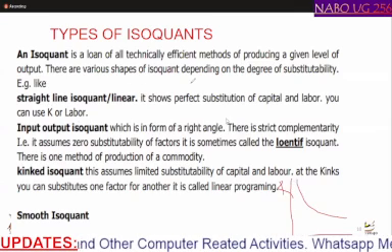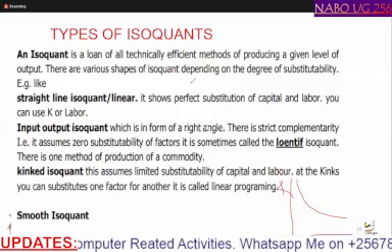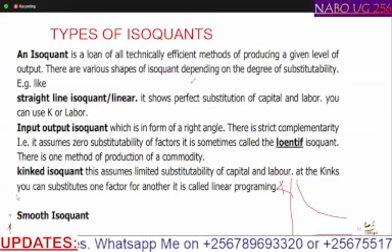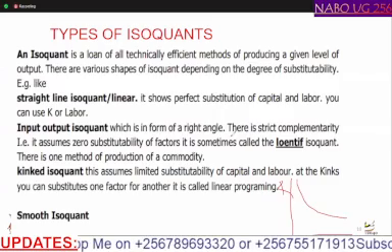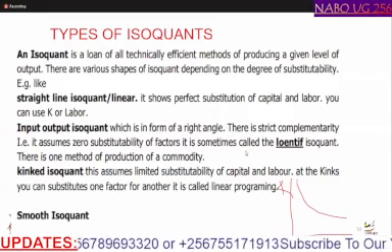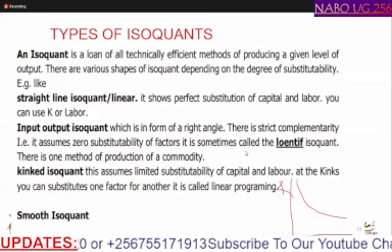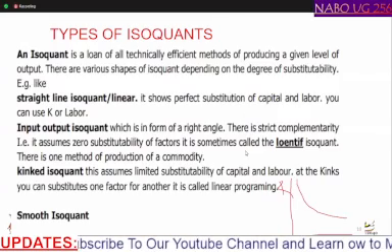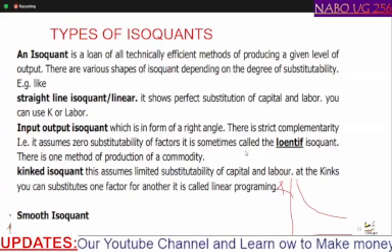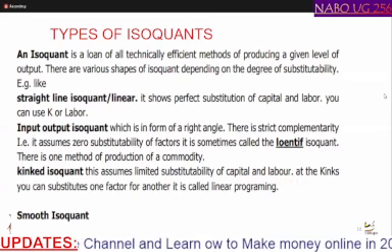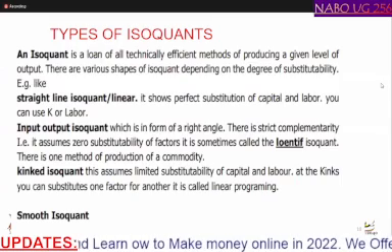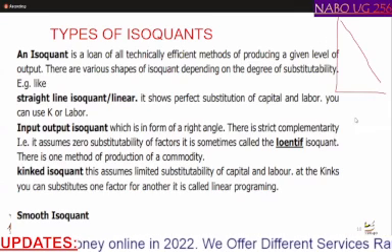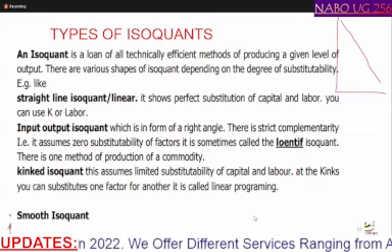Output. That is a linear isoquant, with capital and labor as perfect substitutes.